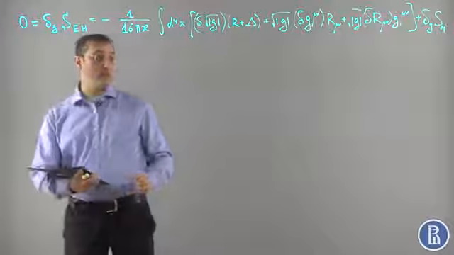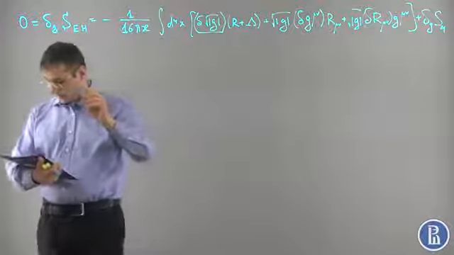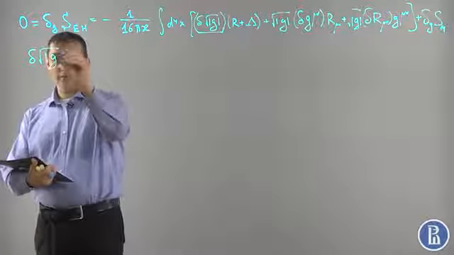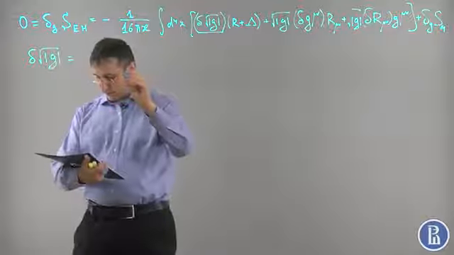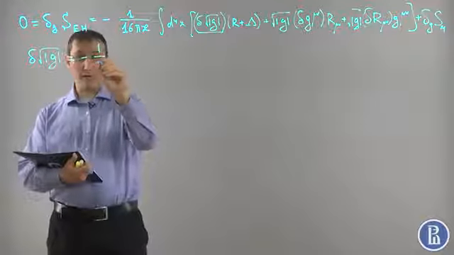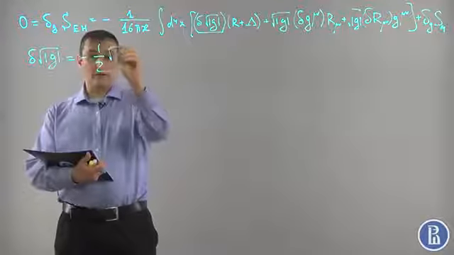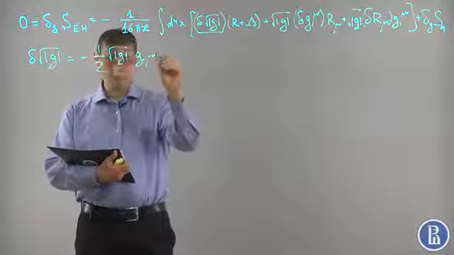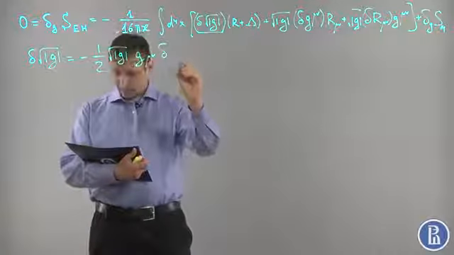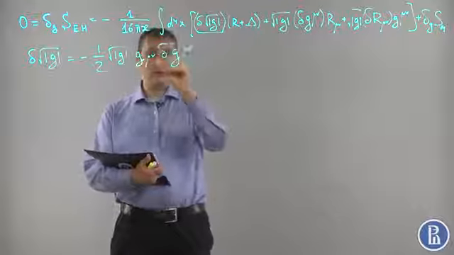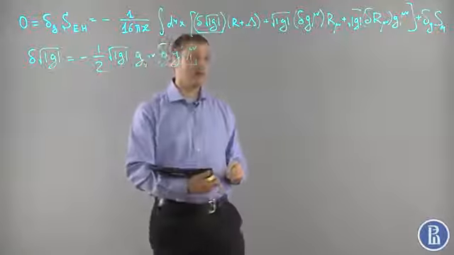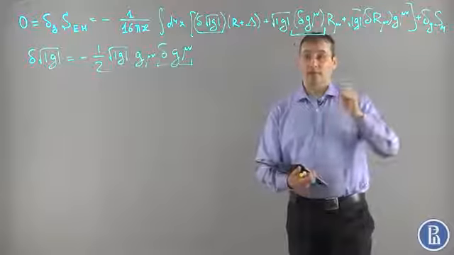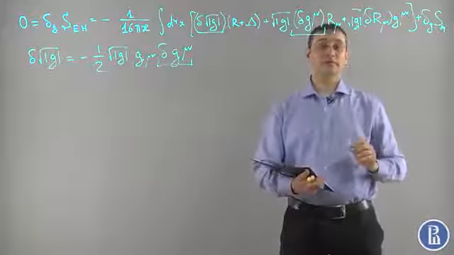So far we have found that this term is minus 1/2 square root of g times g_μν times δg^μν. So it is proportional to this quantity. This term is already proportional to this quantity and has appropriate form for further study.